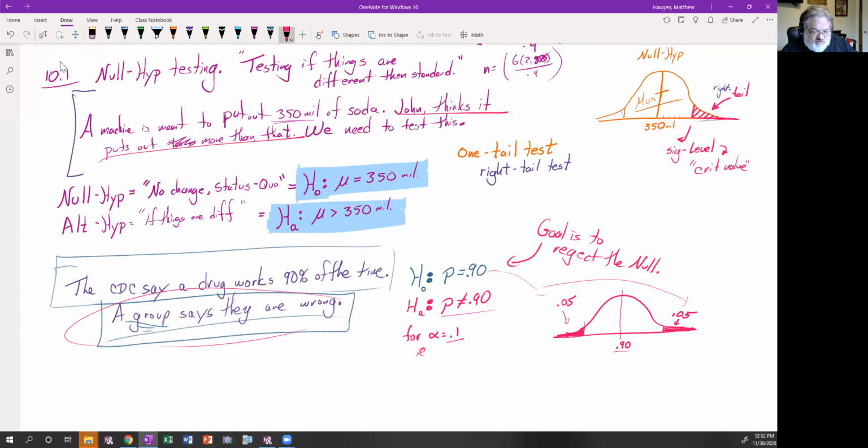Could we figure out what the critical values for those are? We actually know what the critical values are for those. They're 1.65 and 1.65. Fair?